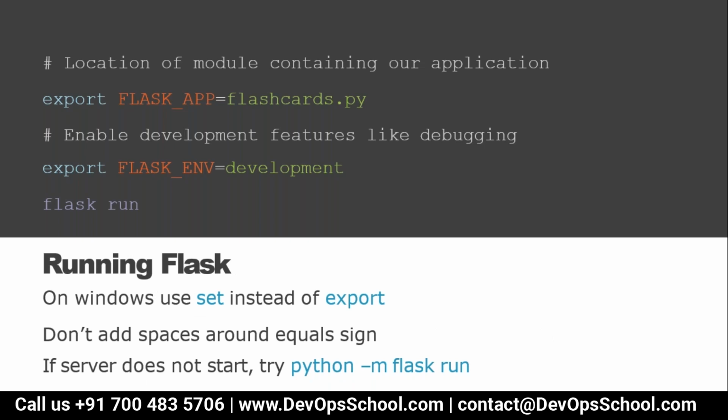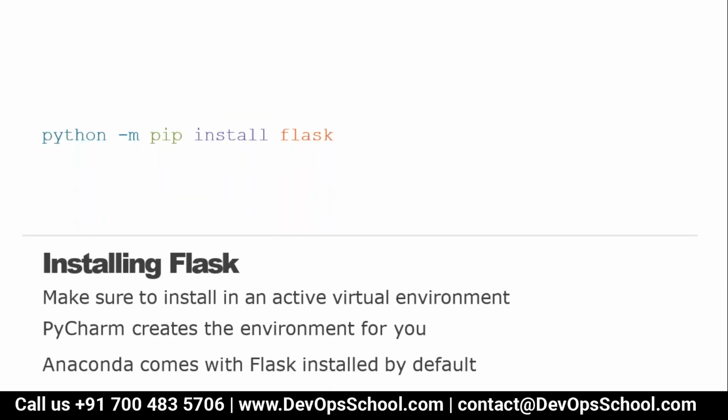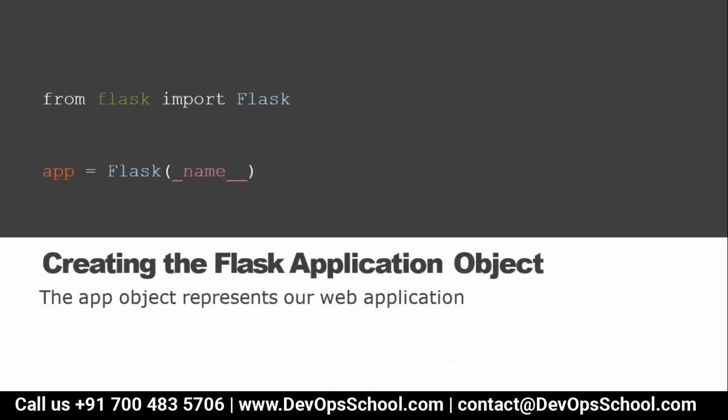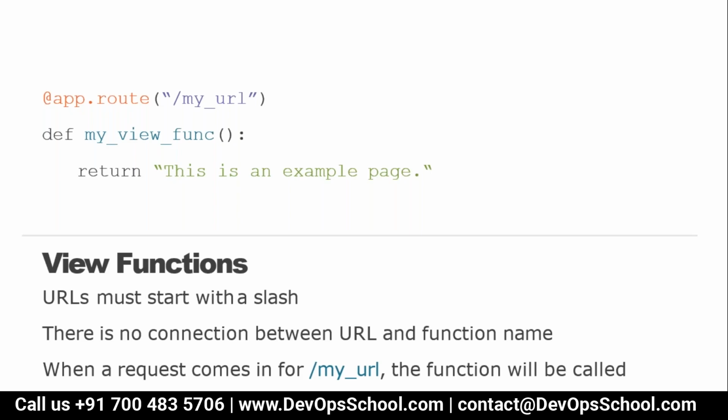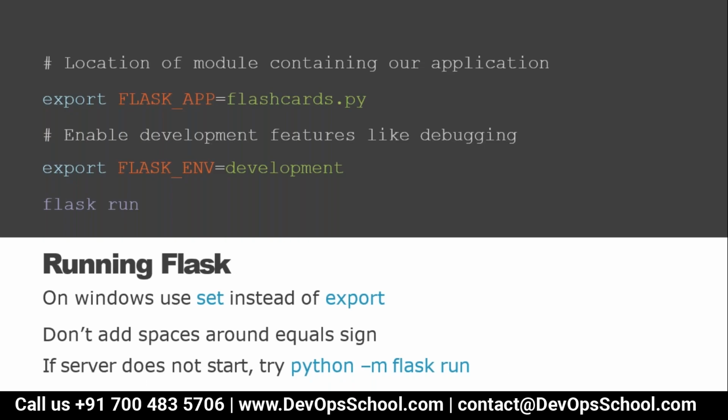Okay, now this is important, how to run. So look at this here: how to install, how to create, how to customize the web application, and how to run. So for running it, you have to set that file. Let's say your Flask application name is flashcard.py, you have stored it.